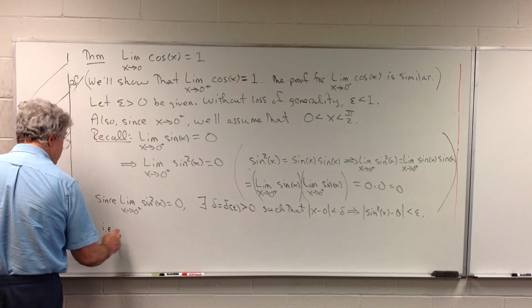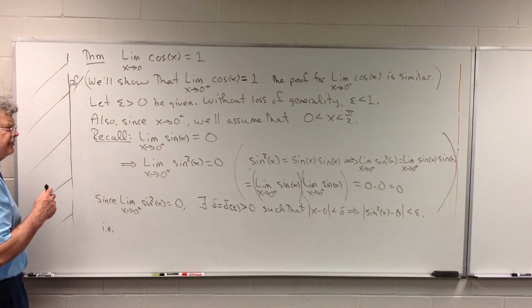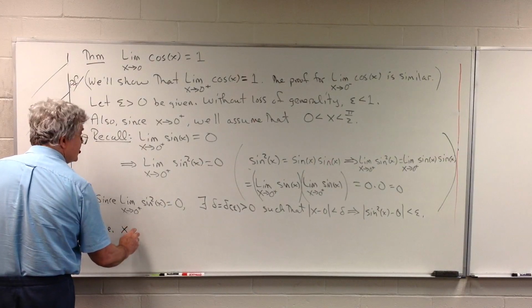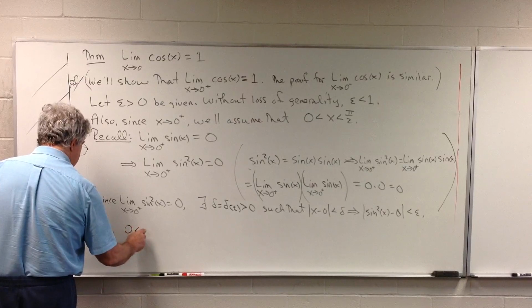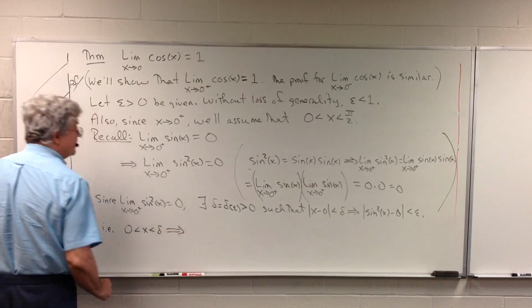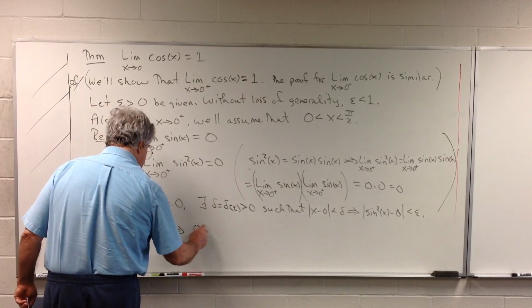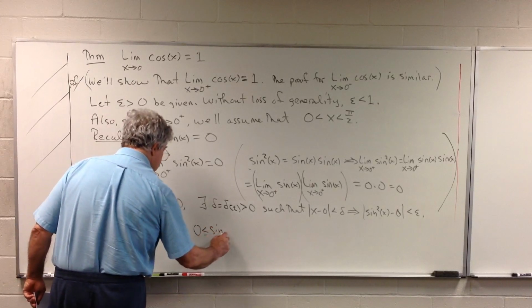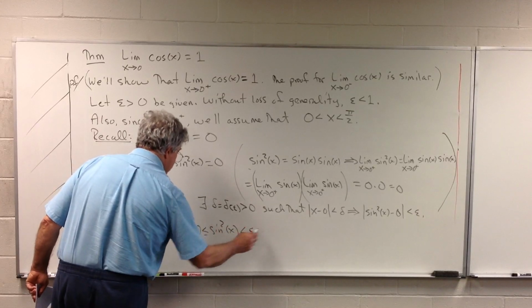We can say that x is positive, isn't it? So x between 0 and delta implies sine squared x is less than epsilon.